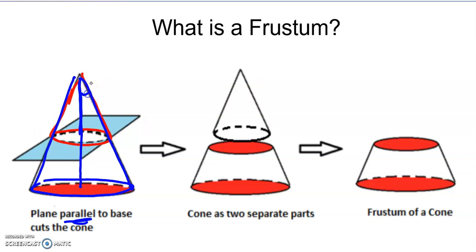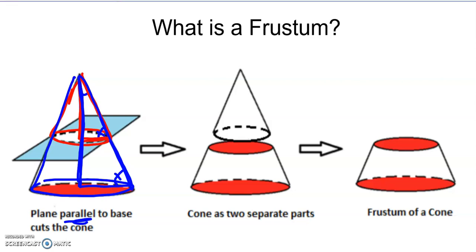They both share this angle, and because the cut is parallel to the base, the other angles match too. So the triangle on top, using the height and the radius, is similar to the larger triangle, using the height of the larger cone and its radius. We're going to use that feature to help us figure out the various slant heights and heights we need to find the surface area, lateral area, and volumes.